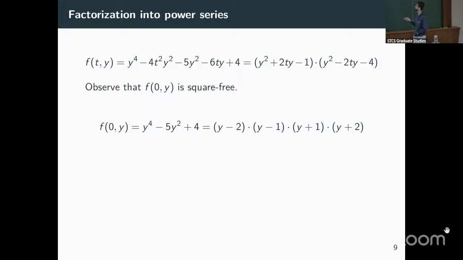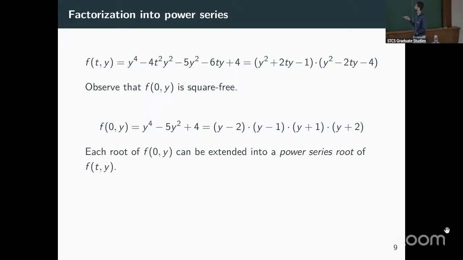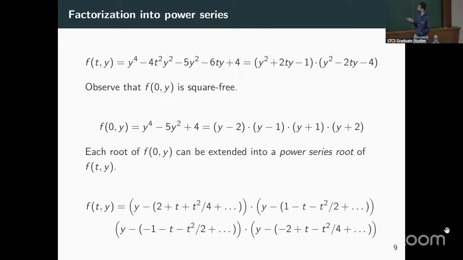And so what we can see is, from each of the roots we have here, we can get a power series root for f t comma y. So what do I mean by that? f t comma y will factorize into linear factors where each of the roots are essentially power series in t.